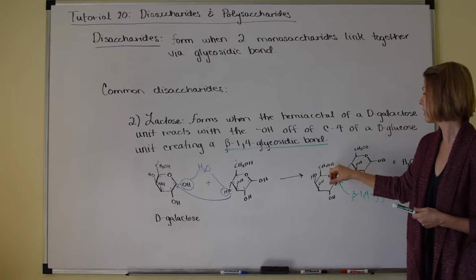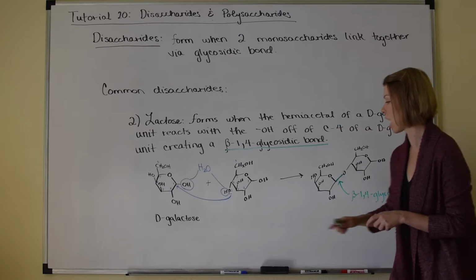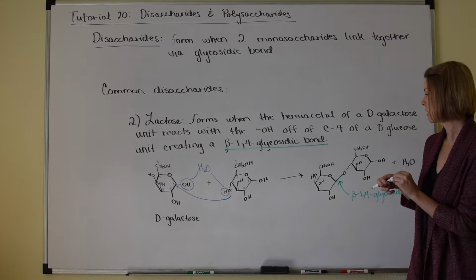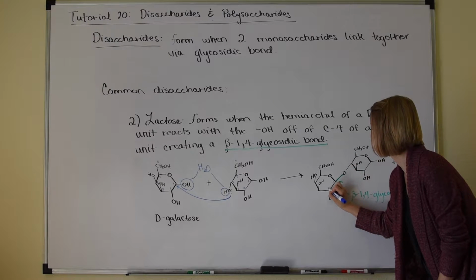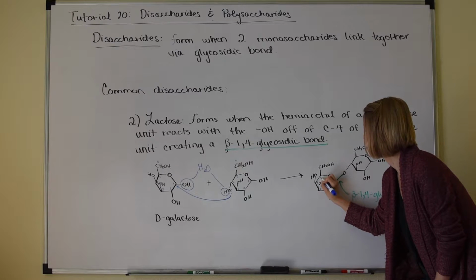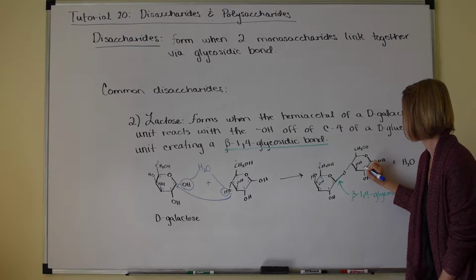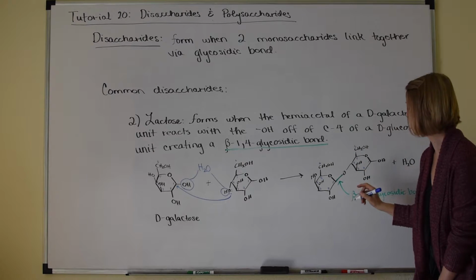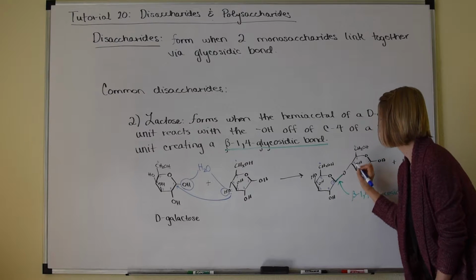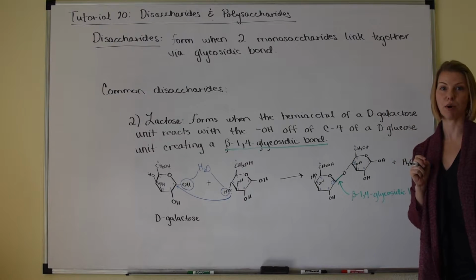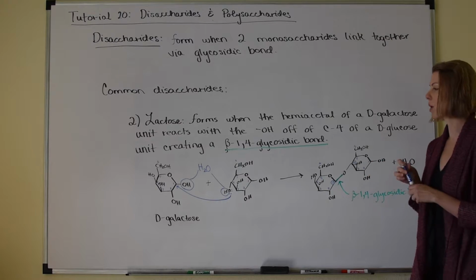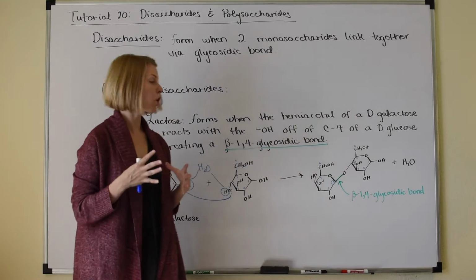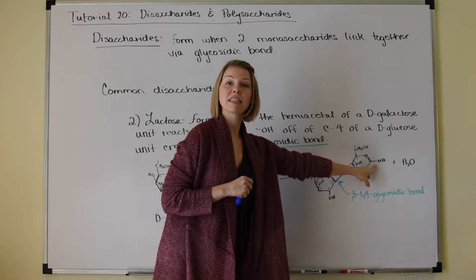It's on the same side as the CH2OH, which is also in the up position in these Haworth projections that we're drawing here. And let's also number our carbons so that we can see that it is a beta 1,4 glycosidic bond.